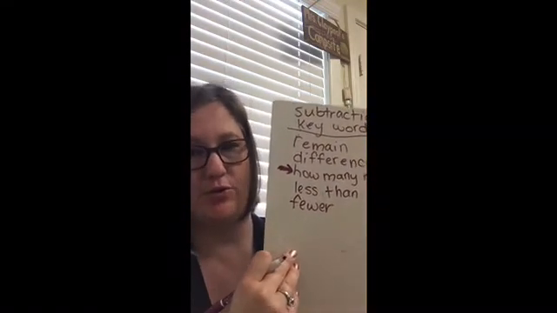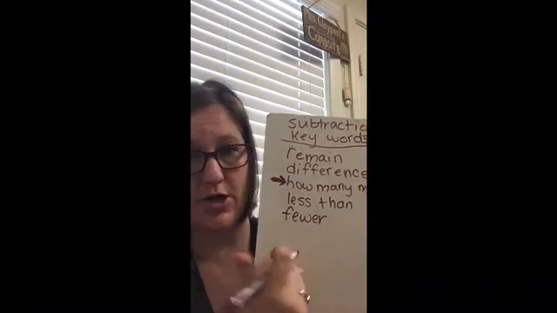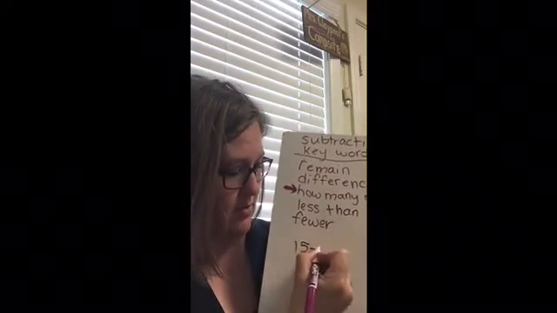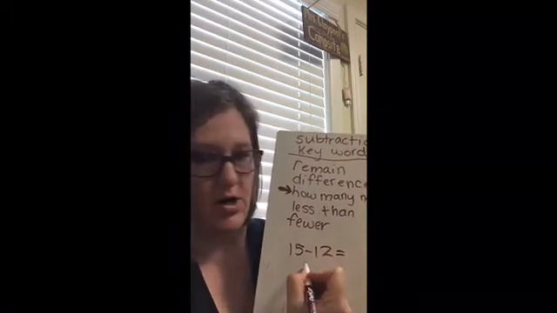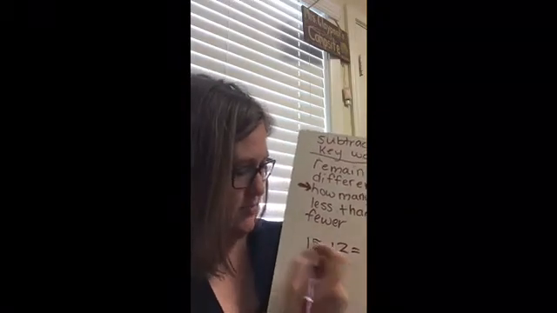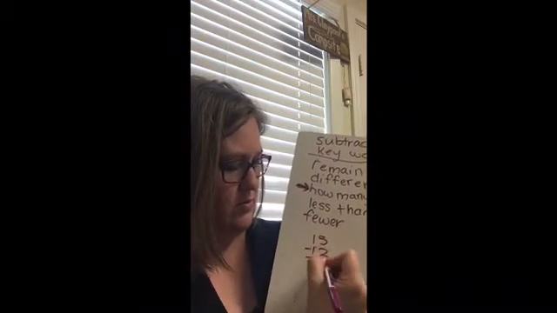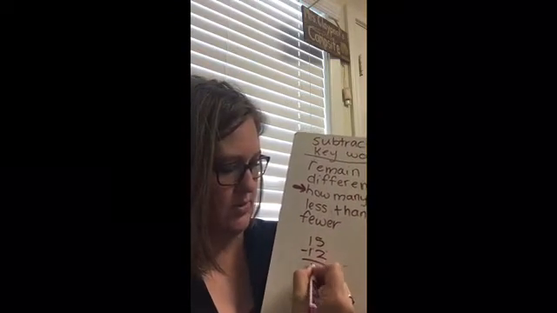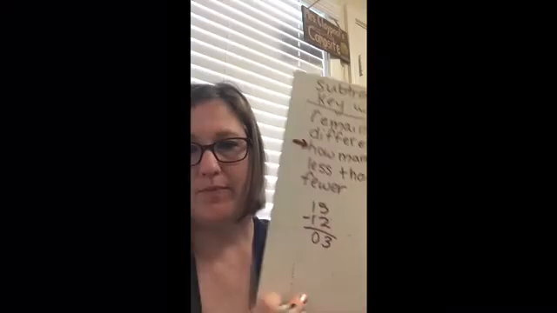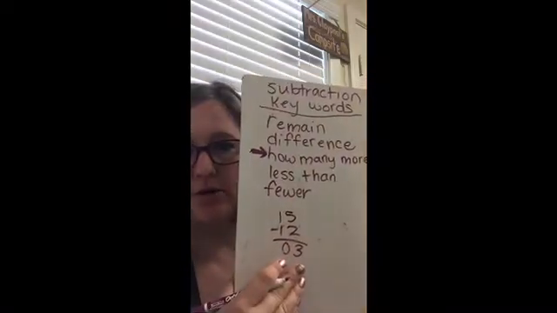What is the difference between the two? The difference, meaning a subtraction word, would be 15 minus 12. If you stack that over each other, 15 minus 12, do your ones, it'd be 3, and 1 minus 1 is 0. So 3 would be your difference there.